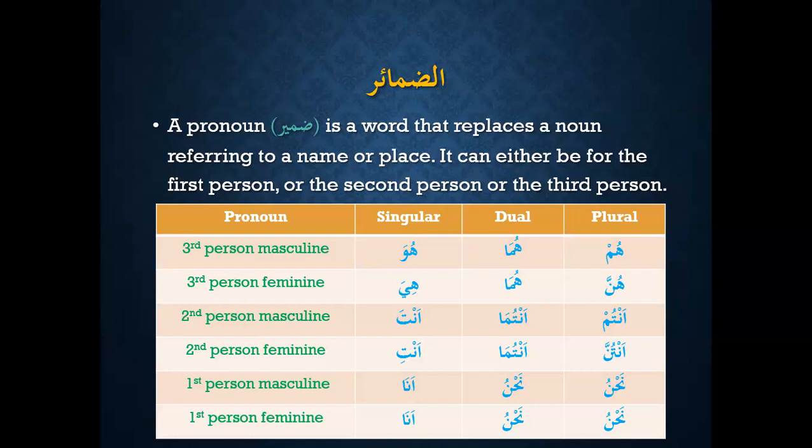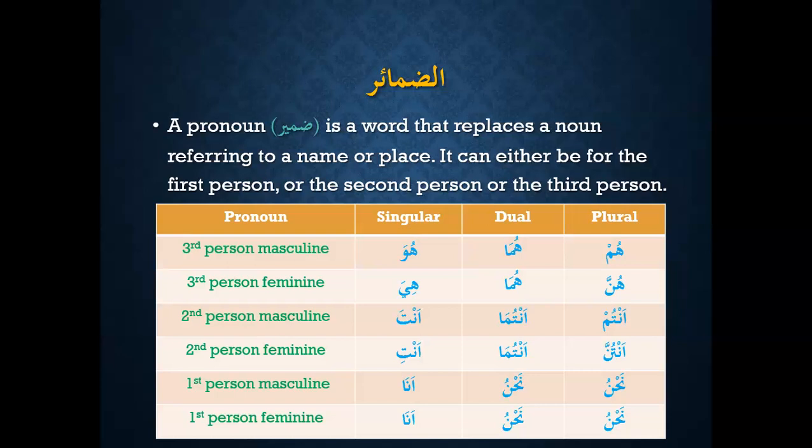It replaces the noun, and in Arabic we have different forms for singular and plural, like English, but also for dual, as you know. It is also different for male and female, and for the second person there is a difference between male and female too, unlike English, where you just have "you" for both.